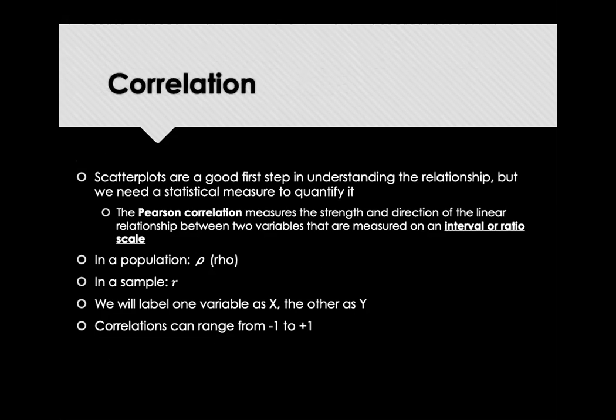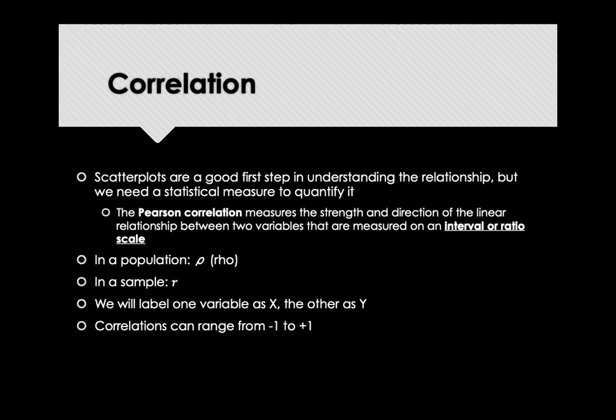So, like I said, scatter plots are a good first step in understanding the relationship, but we do need a statistical measure to quantify it, right? We can't simply plot data points on a graph or scatter plot and talk about correlations.